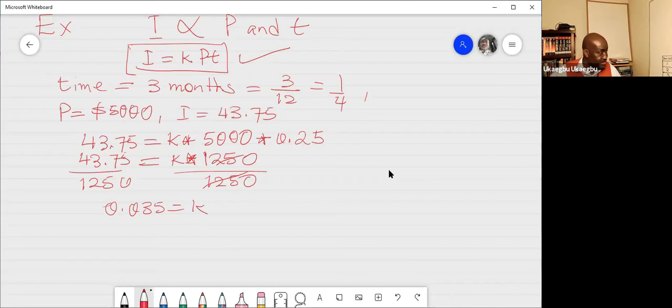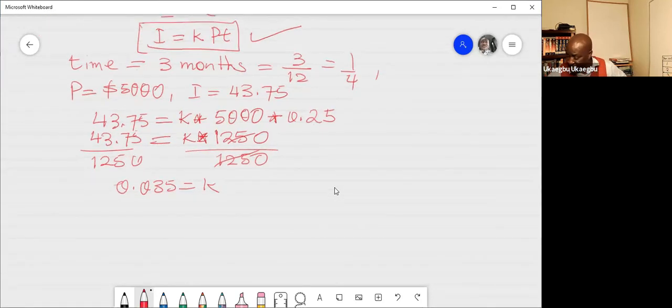Now here's the question. The question says, find P when P is 5,000 and T is this. Okay, what's the question again? So we can just write the general equation and end it there.